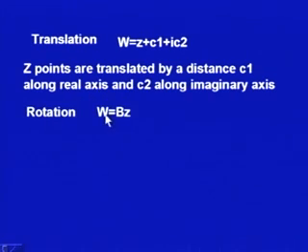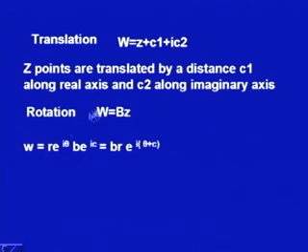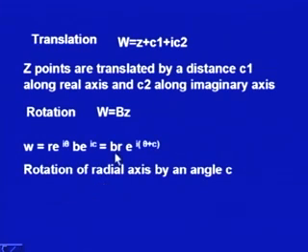If we consider the transformation w = Bz, with z = re^{iθ} and B a complex number expressed as Be^{ic}, where B and c are constants, then combining the two, the magnitude is BR and the angle is θ + c. So this gives R = Br and the angle will be rotated by c.